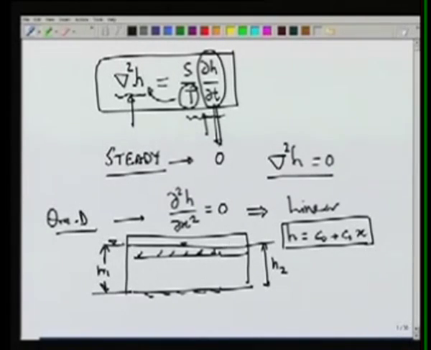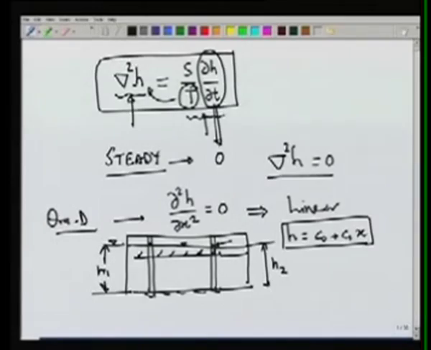That means that if we install a piezometer here, the water will rise up to this level in that piezometer. Similarly, if we have a piezometer here, water will rise up to this level.